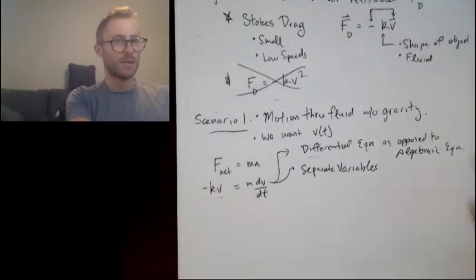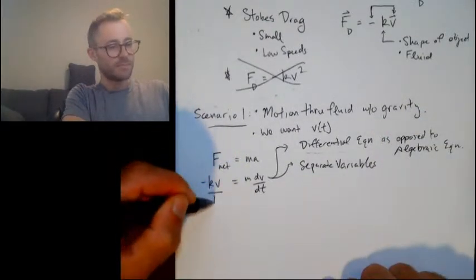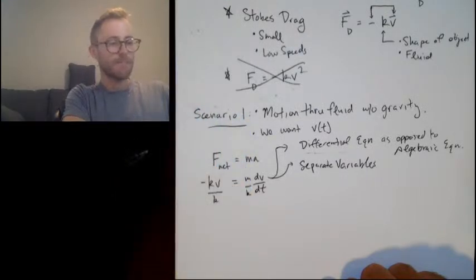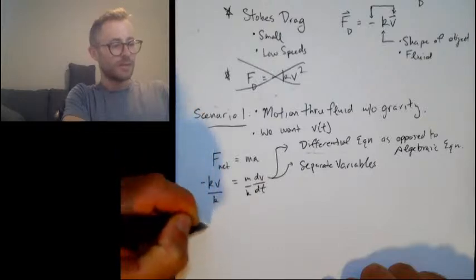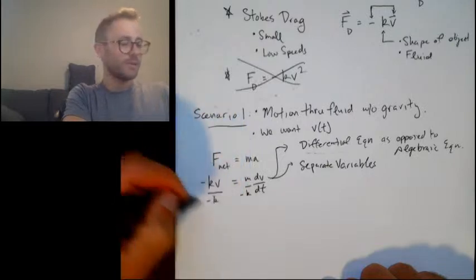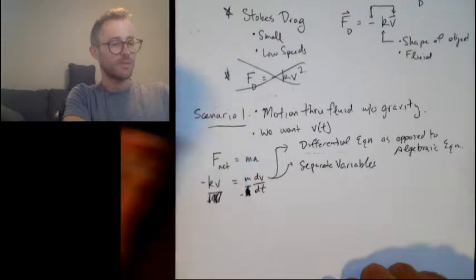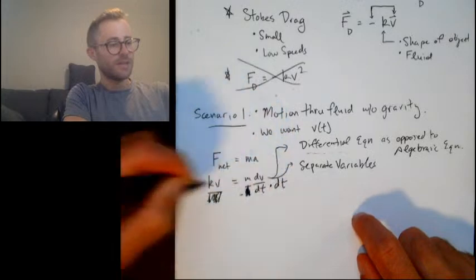To do that, I'm going to divide both sides by k. Actually, I'm going to divide both sides by minus. What am I doing? Take it all back. I'm goofing. I'm going to multiply both sides by dt.